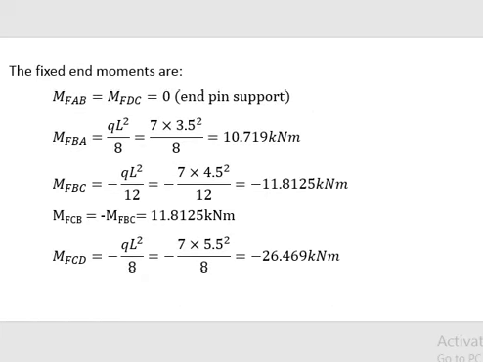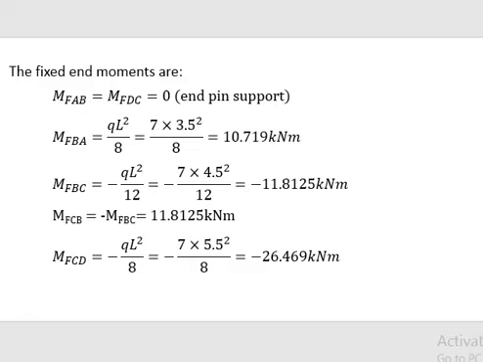In this problem, I will employ the formula I showed you above for calculating the fixed end moments. In this case, fixed end moments MFAB and MFDC are equal to 0 because those two ends are pinned. When the ends are pinned, the fixed end moment there will be equal to 0.